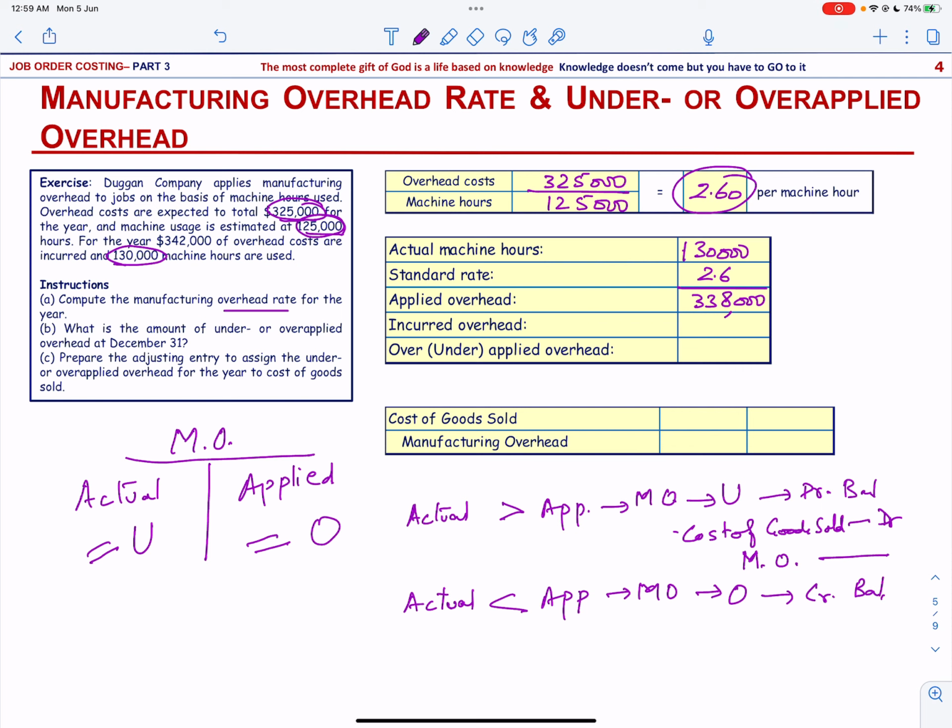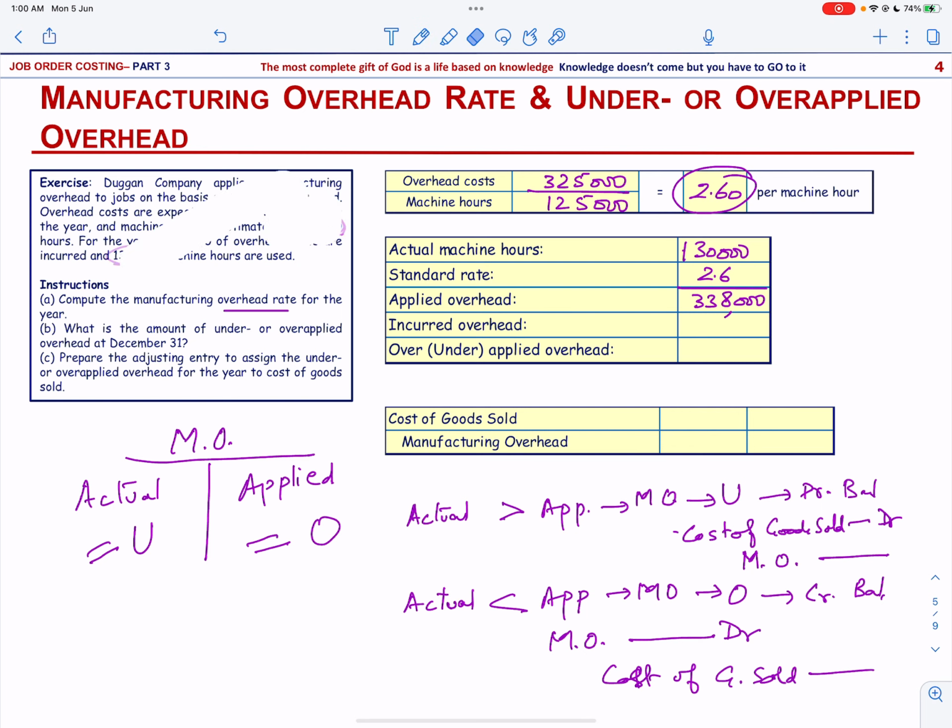And the general entry will be manufacturing overhead debit and cost of goods sold credit. So in our case, the actual overhead is 342,000 and we have applied only 338,000.